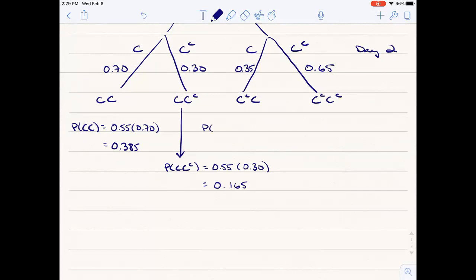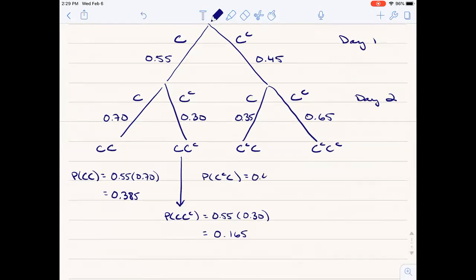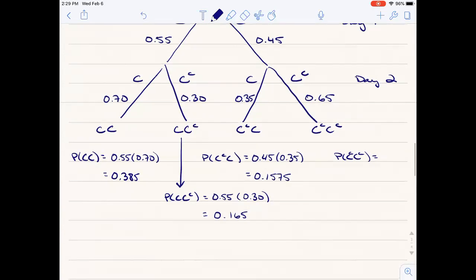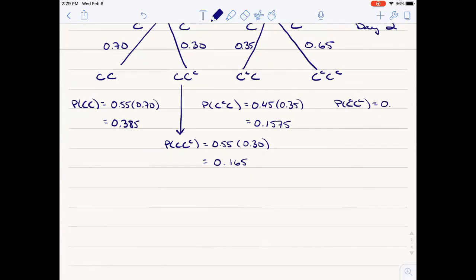Moving on, the probability of a not clear day and then a clear day is 0.45 times 0.35. 0.45 times 0.35 is 0.1575. And you don't want to round these numbers because they have to add to 1 later, right? And then finally, the probability of a not clear day and a not clear day is 0.45 times 0.65.